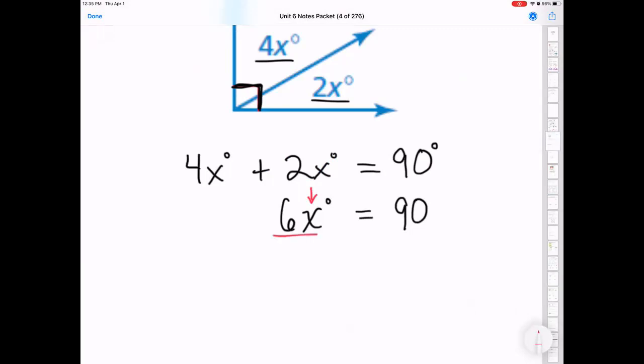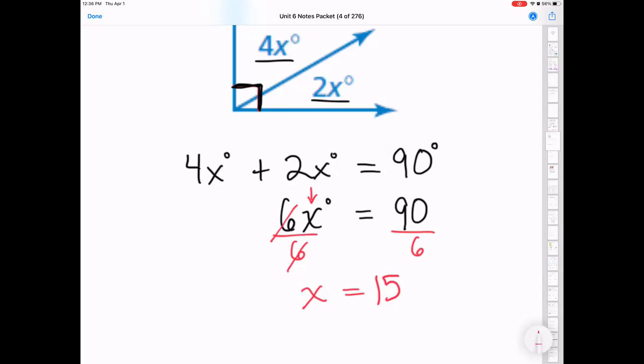And as a result, we're going to divide both sides by 6. And when we do that, 6 cancels with 6. X is all alone equals 90 divided by 6, which should give us 15. And we do, in fact, get 15. So again, that is what our x value is.